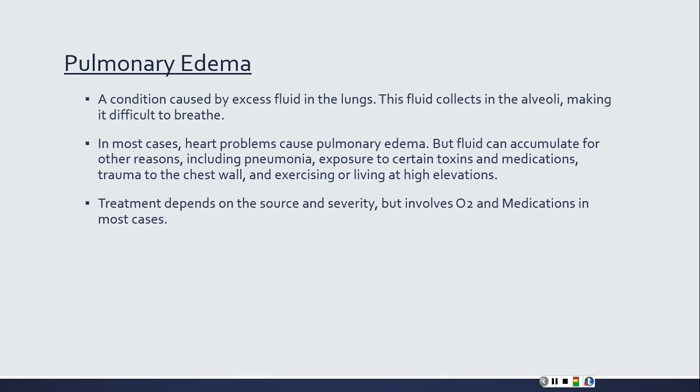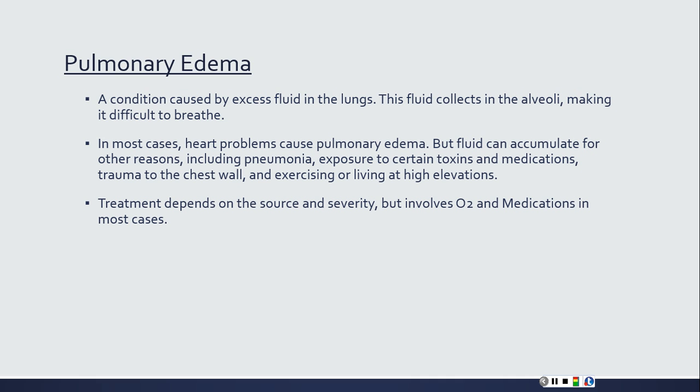So as it backs up, we have this fluid that starts to build. Well, it starts to move out and diffuse out of the bloodstream, out of the capillaries and into the actual alveoli. That's where the problems occur. So we've moved from the blood supply, and fluid's moving into the alveoli.